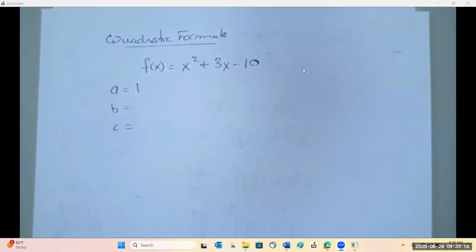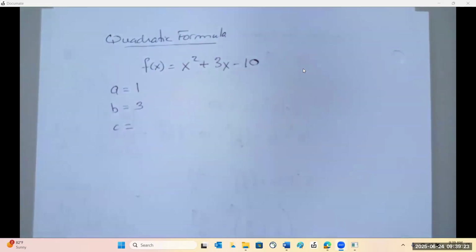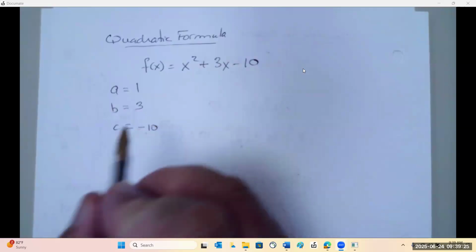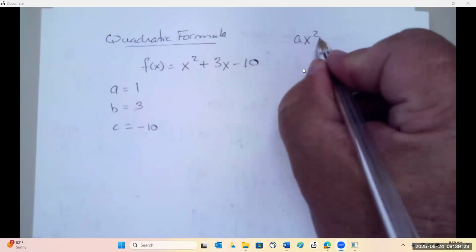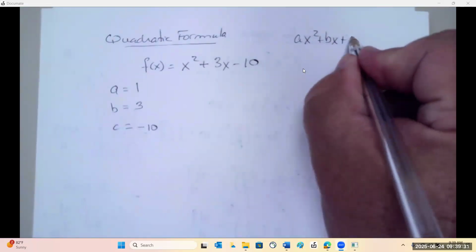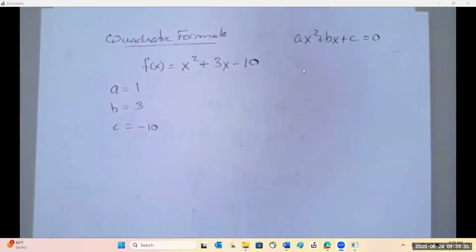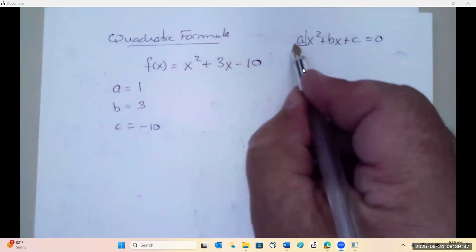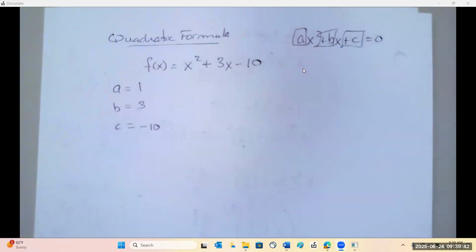Positive 1. What's B? Positive 3. What's C? Negative 10. For those of you who don't know, quadratic equations have this form. A, B, and C are simply the coefficients, and the signs go with them.